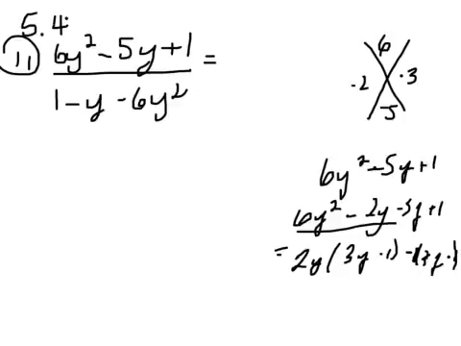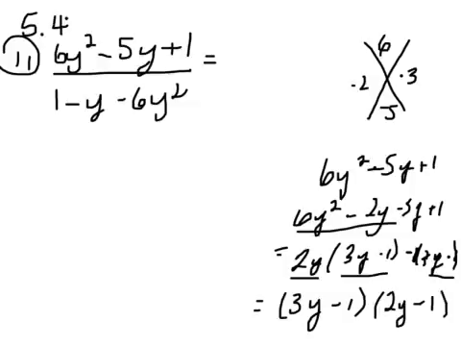So I've got a 3y minus 1 in each of those, and then my leftovers are 2y minus 1. So the top factors into, I'm going to write this in blue, 3y minus 1 times 2y minus 1.